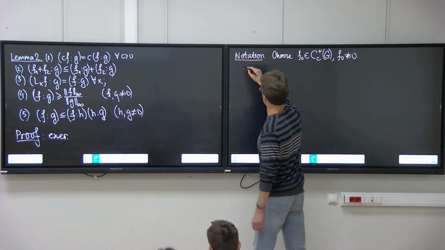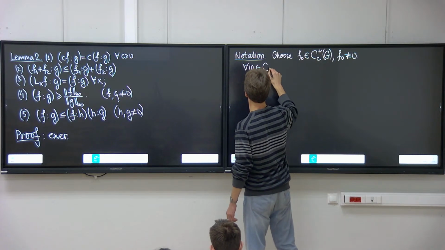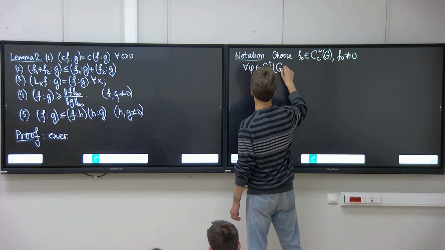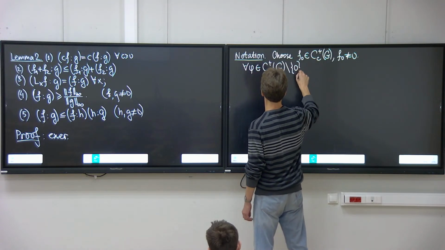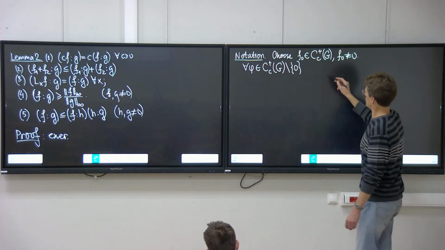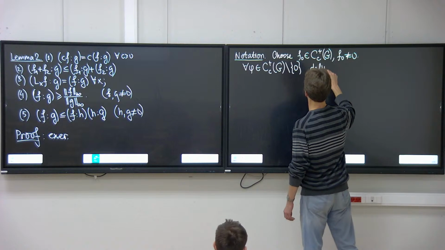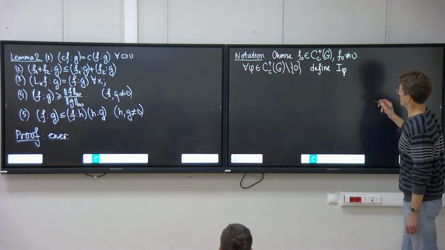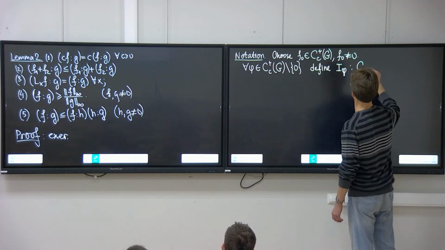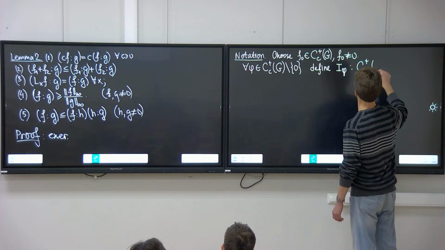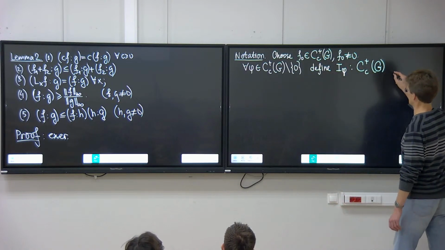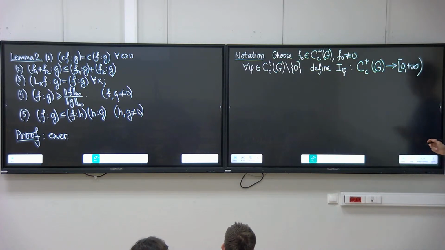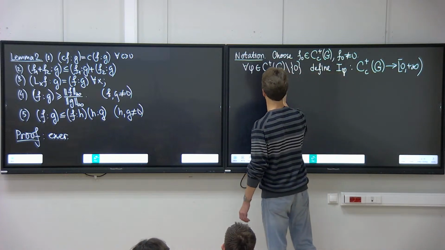And now, for every non-zero continuous compactly supported function phi on G, we define I phi. This will be a map defined on the set, on the positive cone of continuous compactly supported functions. We define it by the following formula.